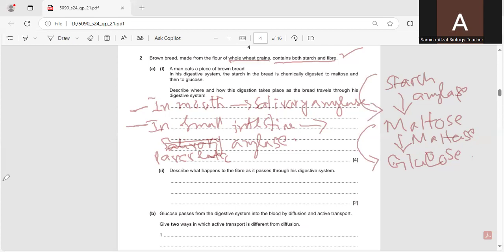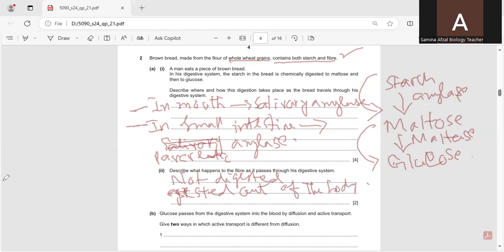system. You know the fiber is actually made up of cellulose. So it is not digested, and no digestion takes place, and it is removed out of the body because it is not digested.